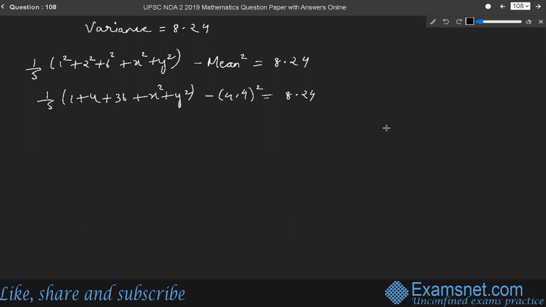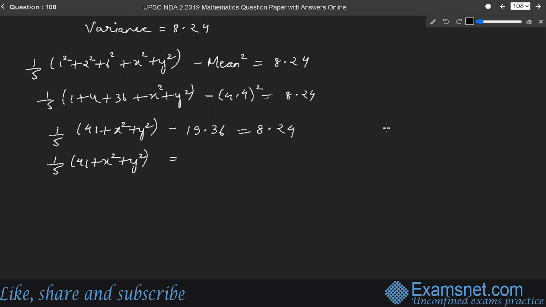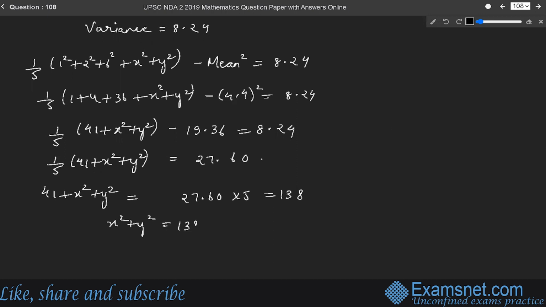Therefore, 1 by 5 into 41 plus x square plus y square minus 19.36 will be equal to 8.24. So 1 by 5 into 41 plus x square plus y square will be equal to 8.24 plus 19.36, so it will be 27.60. Now 41 plus x square plus y square will be equal to 27.60 into 5, which is equal to 138. So x square plus y square will be 138 minus 41, which is equal to 97.